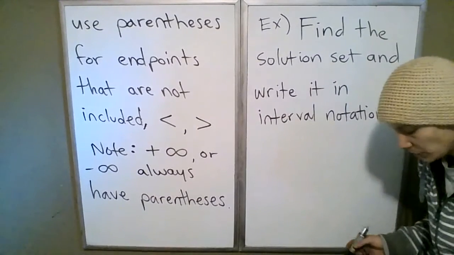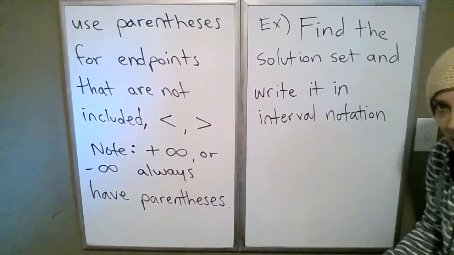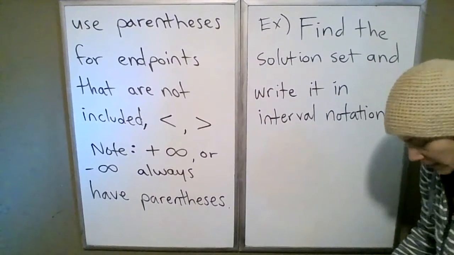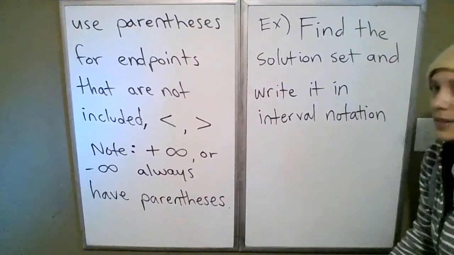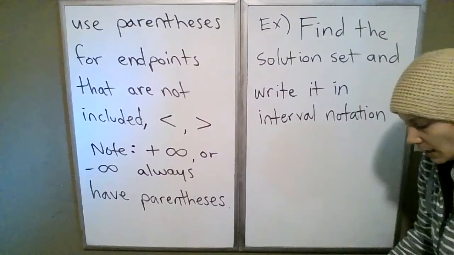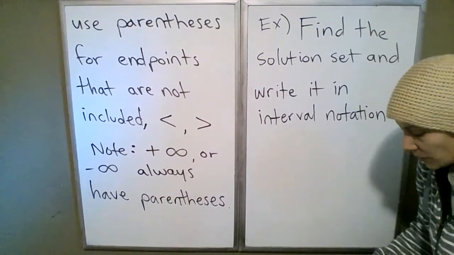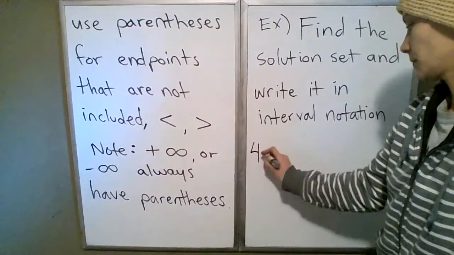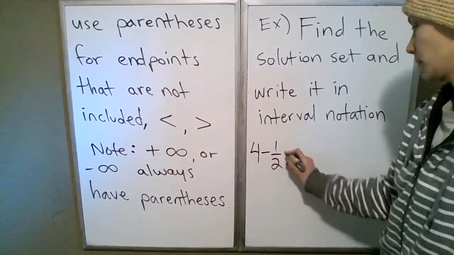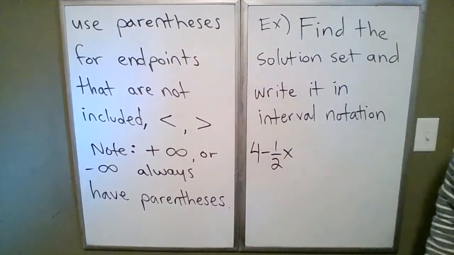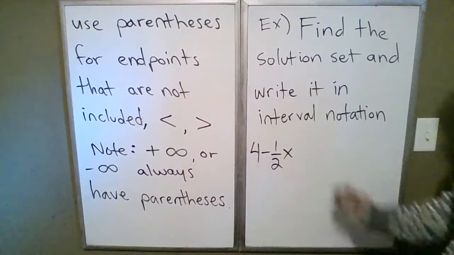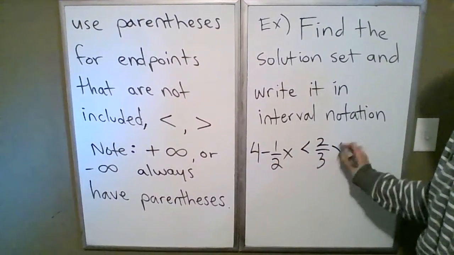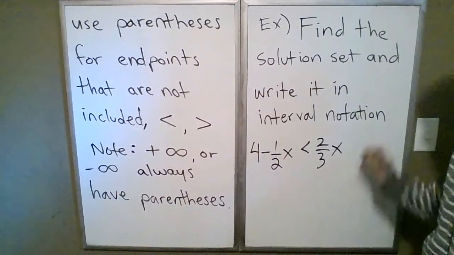This is a sort of tricky one because there's going to be fractions, but if you remember from before, we can clear all fractions with the LCD. So we're looking at 4 minus 1/2 x less than 2/3 x minus 5.